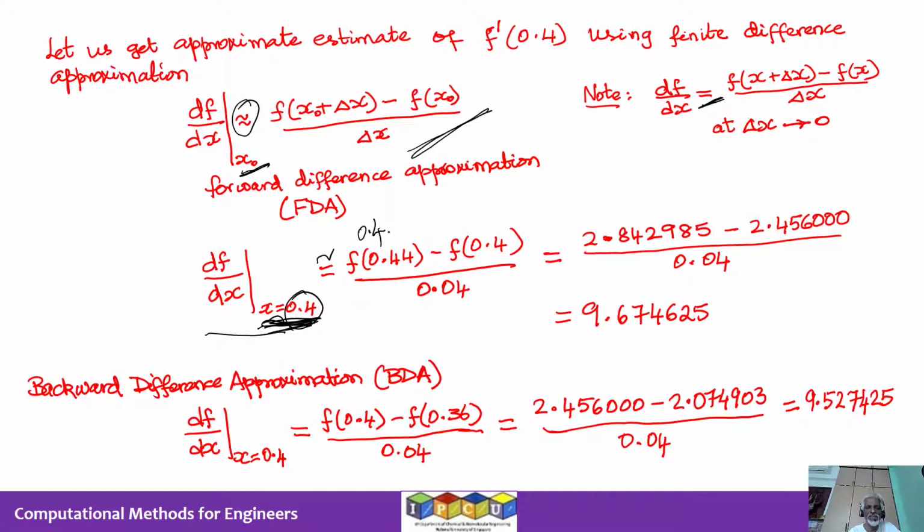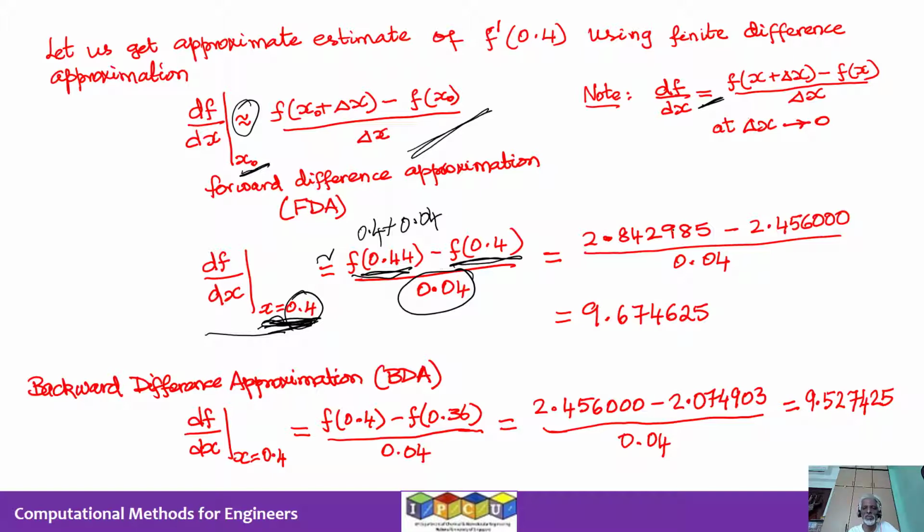And delta x is 0.04 here because the next data point in our table is at x is equal to 0.44. So we are looking at the value of the function at x is equal to 0.44, minus f of x naught, the value of the function at x is equal to 0.4, divided by delta x. Delta x is 0.04. All right.